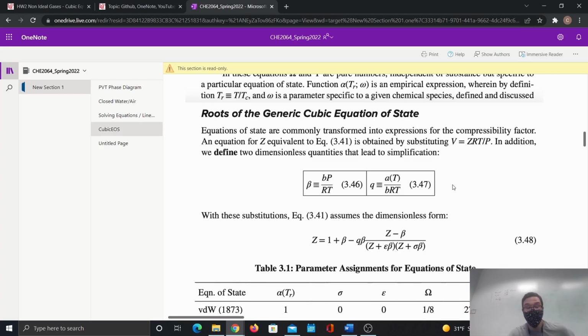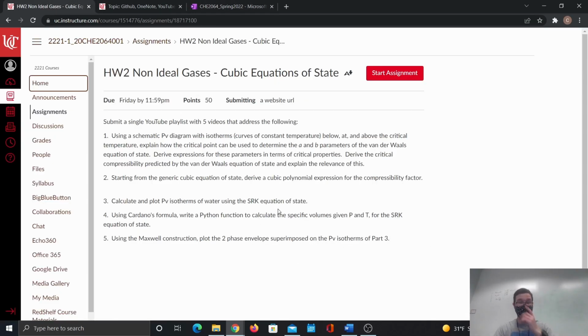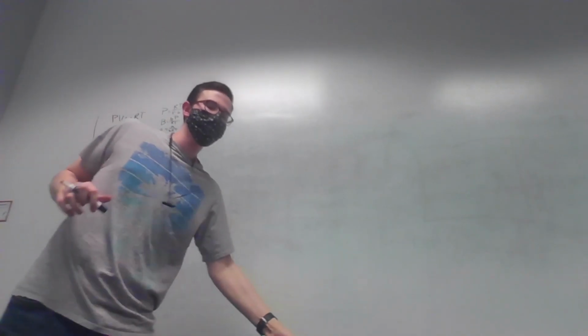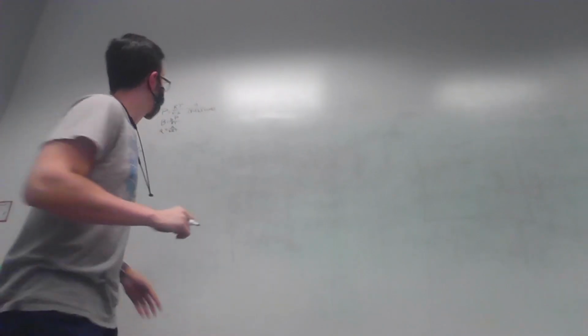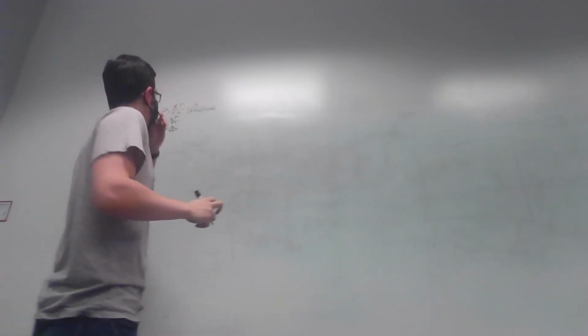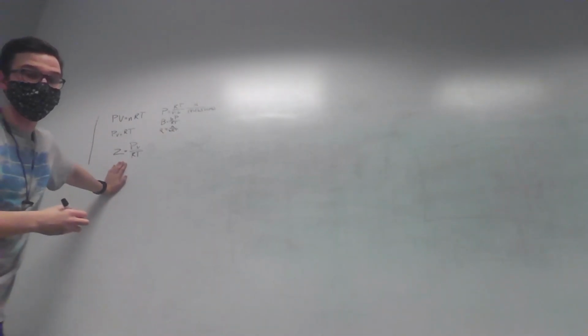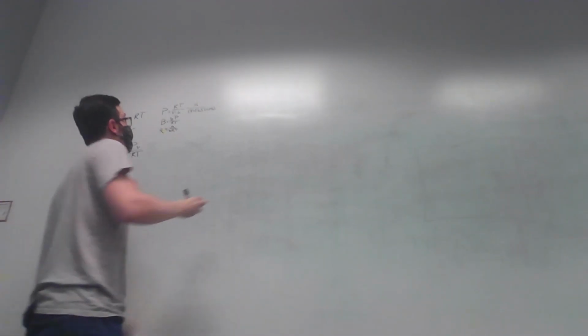Now, from there, we can start to derive a cubic polynomial expression for the compressibility factor. What are we looking for? We're looking for the cubic polynomial of the compressibility, so we need to get the compressibility from here. Compressibility is the pressure times the volume over R times the temperature.